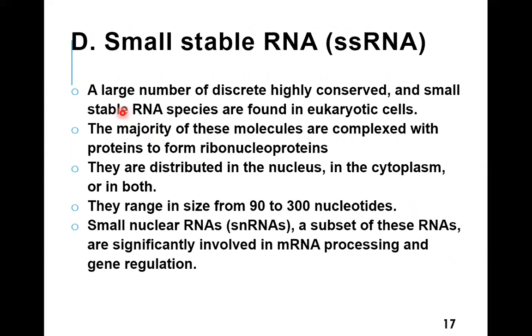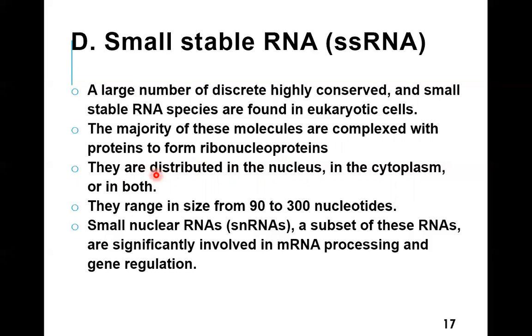Number D, small stable RNA, ssRNA. A large number of highly conserved, small, stable RNA species are found in eukaryotic cells. The majority of these molecules function complexed with protein to form ribonucleoprotein, also containing ribonucleotide and protein.